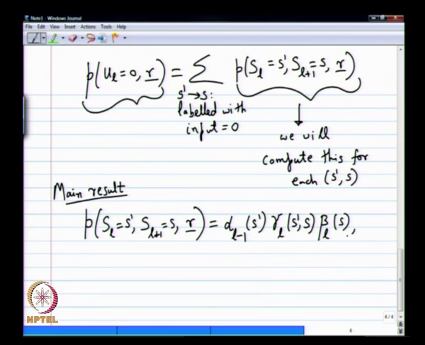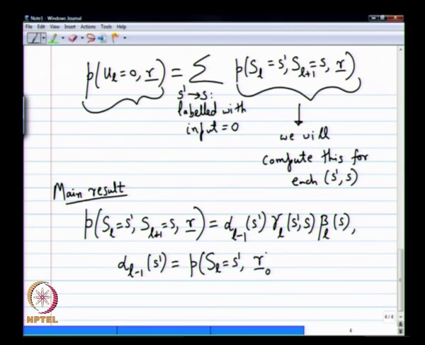Of course I will tell you what these alpha, beta and gammas are. So alpha_{L-1}(S prime) will be the probability that S_L equals S prime, comma R from 0 to L minus 1.